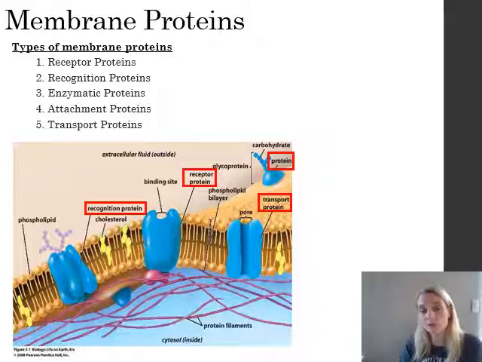Again, we'll see enzymes more in depth in a future chapter, but just know enzymes are proteins that catalyze chemical reactions. They allow chemical reactions to take place. Then there are attachment proteins connected to the cytoskeleton, and again, those transport proteins that allow things to move back and forth through the cell, which is going to be a bulk of what we're going to be talking about later in this lecture.